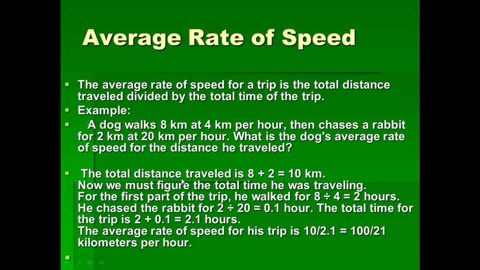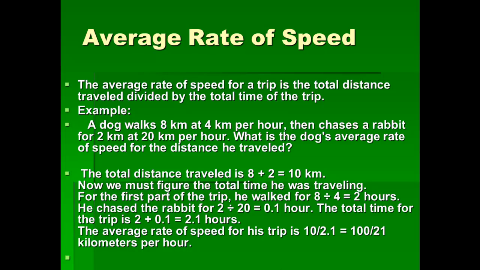The total distance traveled is 8 plus 2 equals 10 kilometers. Now we must figure the total time he was traveling. For the first part of the trip, he walked 8 kilometers, so we divide by 4, which equals 2 hours. He chased a rabbit for 2 kilometers, so we divide by 20, which equals 0.1 hours.